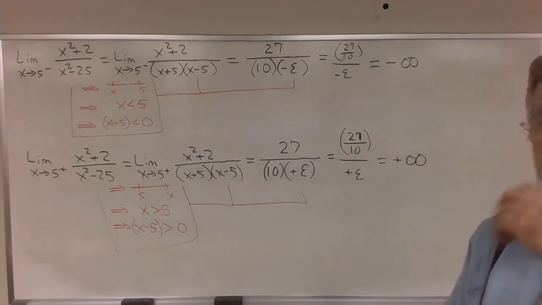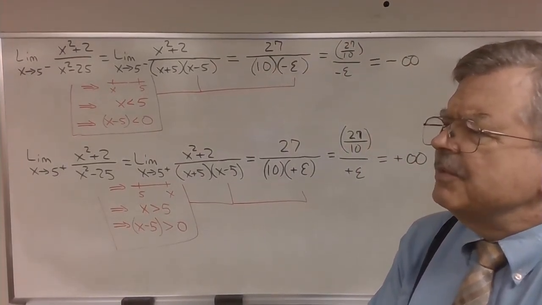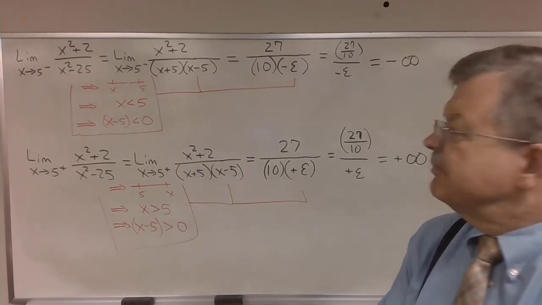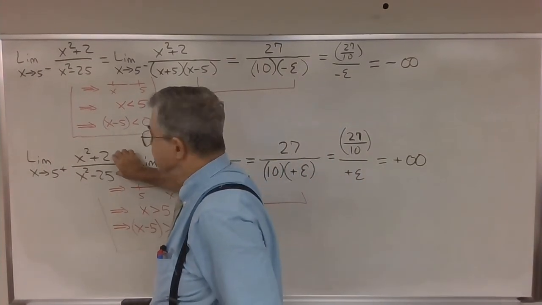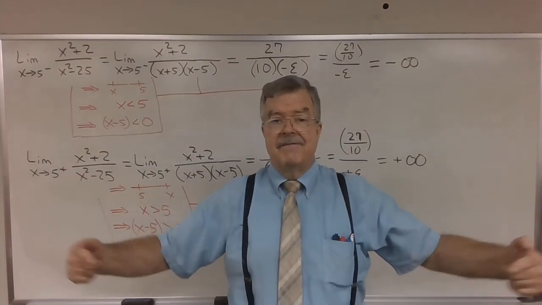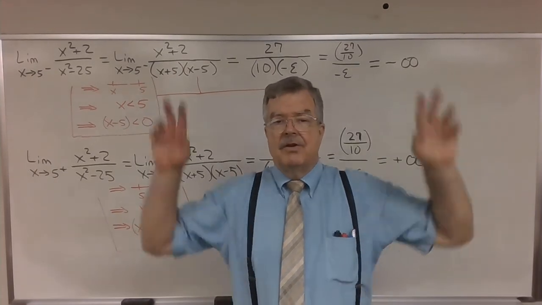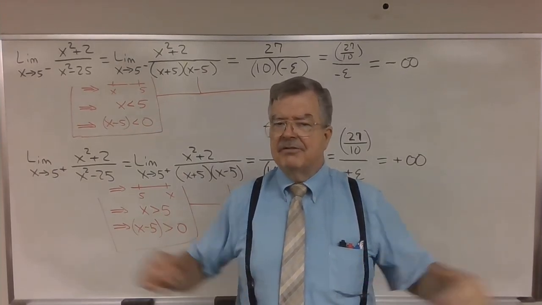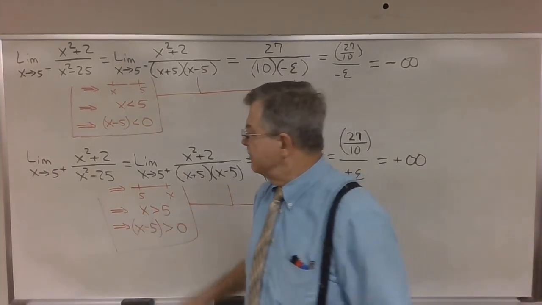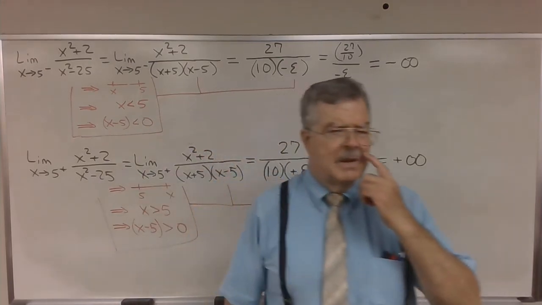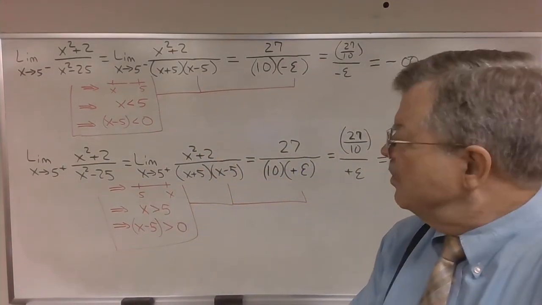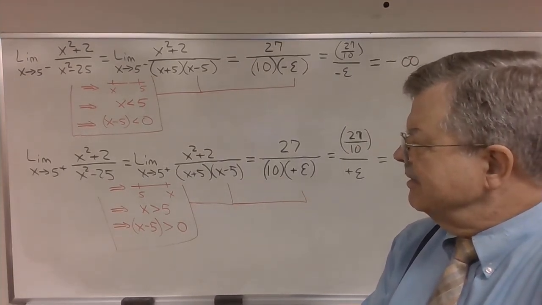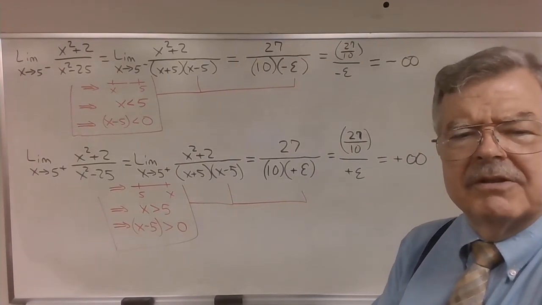Let's see. What did we start out doing here? Didn't we want to know the limit of this function as x approached 5 from either direction? That we wanted, quote, the limit, end quote, as x approaches 5 from either direction of this function. So what insight have we gained by doing the one-sided limits?